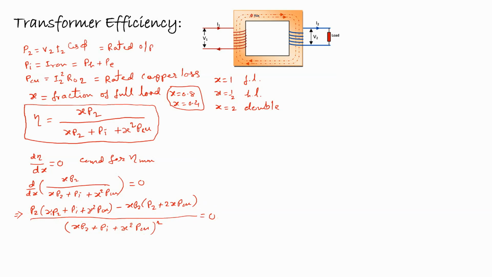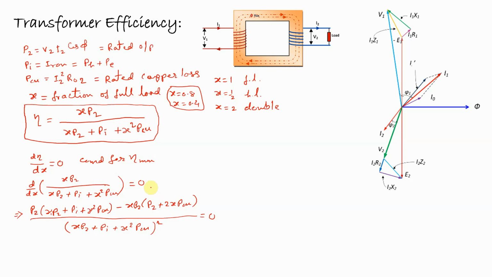And if this value is equal to 0, then definitely the numerator will be equal to 0. So we'll consider this phasor diagram later. So here we can write the numerator should be equal to 0.